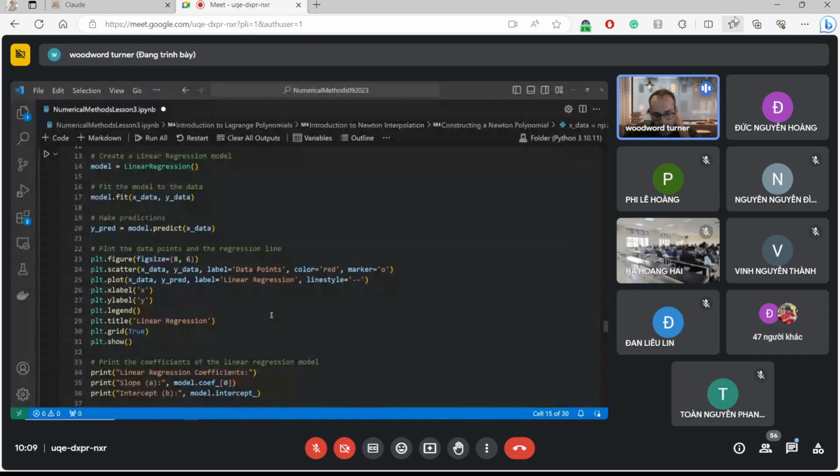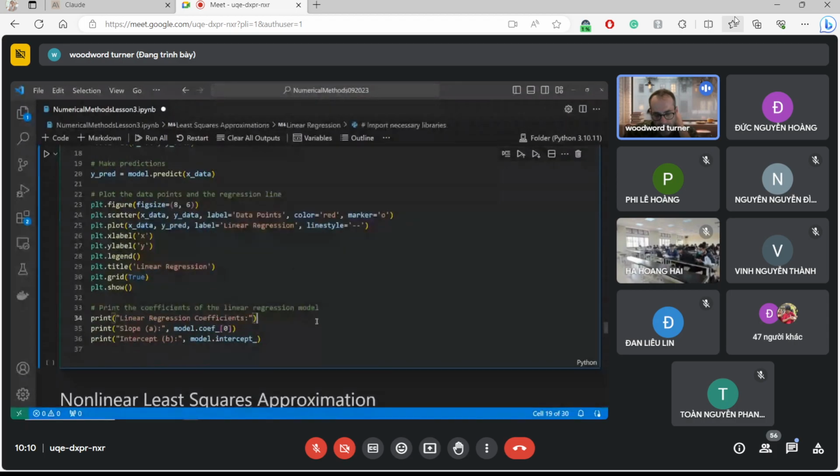And so in that case, it would be something similar to a neural network, where you have the weights that you're trying to optimize, and then you have an intercept for each layer of the neural network. So you wouldn't be using linear regression in particular, but the idea is the same, that you're trying to optimize those slopes and that intercept. All right, so let's go and run this and see what it looks like.